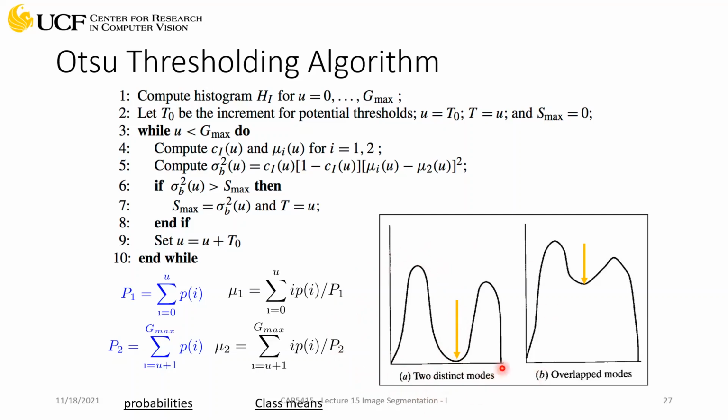So for example, let's say you have 100 pixels in your image, okay? And you set some threshold, and using this threshold, you have 20 pixels in foreground and 80 pixels in the background. It means that your probability P1 will be 20 over 100. Okay, so that's 20%, or you can say 0.2.